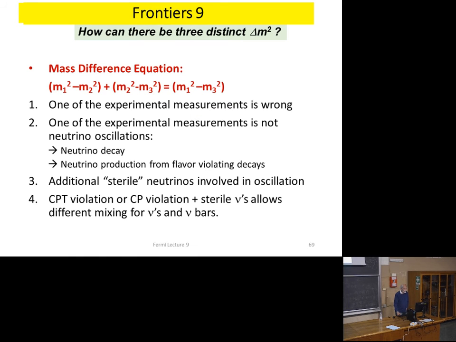But let's look at the signal. So if this is true, it would be explained by some sort of additional sterile neutrino. That is one that didn't appear in the quarks and neutrinos, and some theoretical ideas like the idea that you might have this, but it doesn't fit the rest of the picture that we have very, very well.